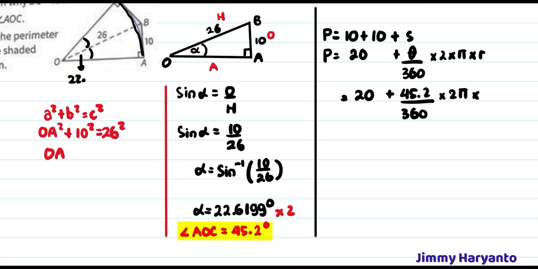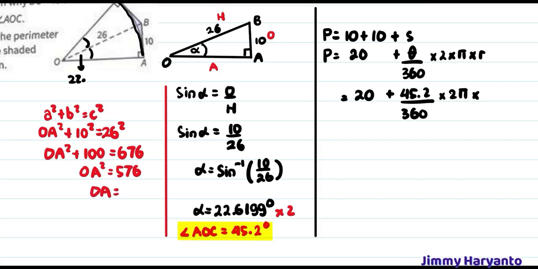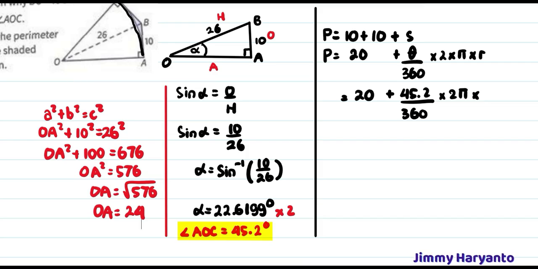So OA square plus 100 equals 676. So OA square equals 576. So OA equals square root of 576. OA equals 24. Right now we already have the radius, which is 24.